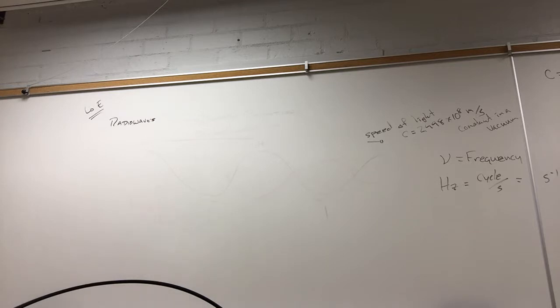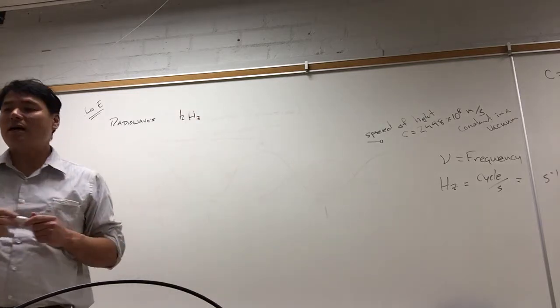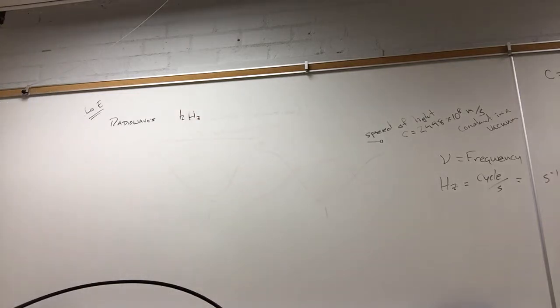Usually frequency. For example, AM radio, I don't know if anybody uses AM radio anymore, but AM radio has a frequency of what? Yeah, like kilohertz. And so radio waves, we're looking at kilohertz.